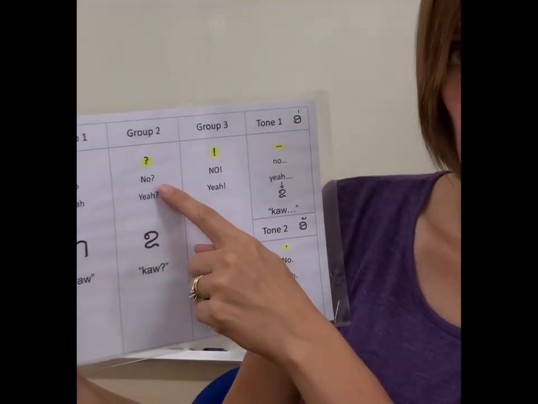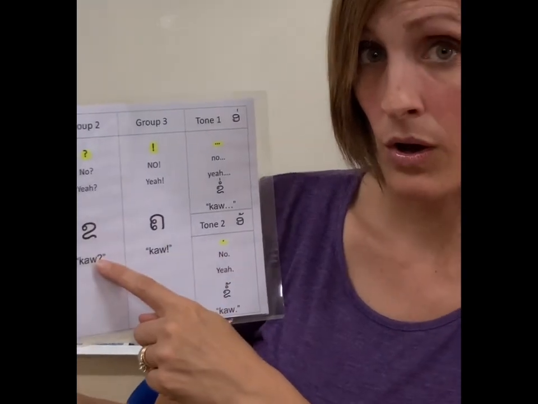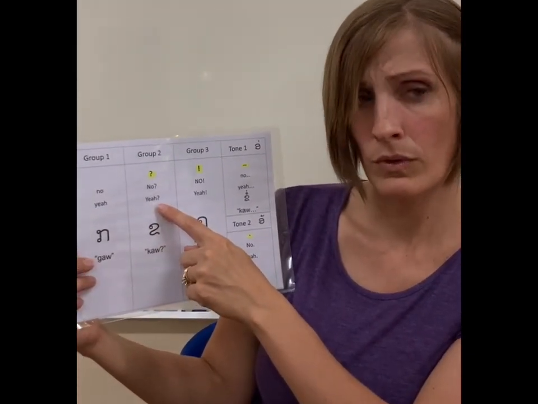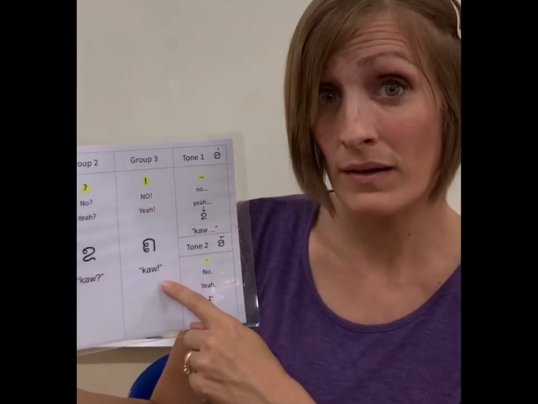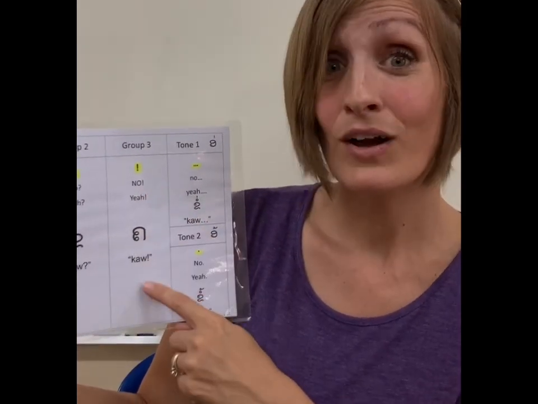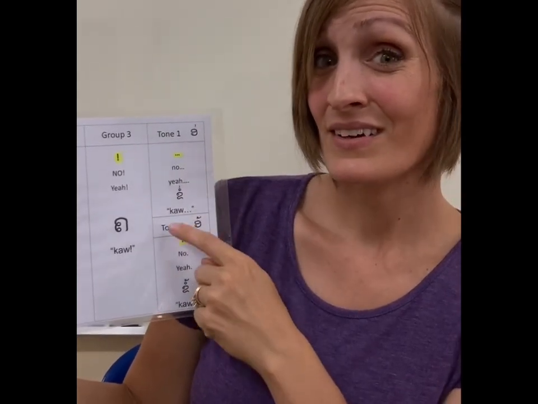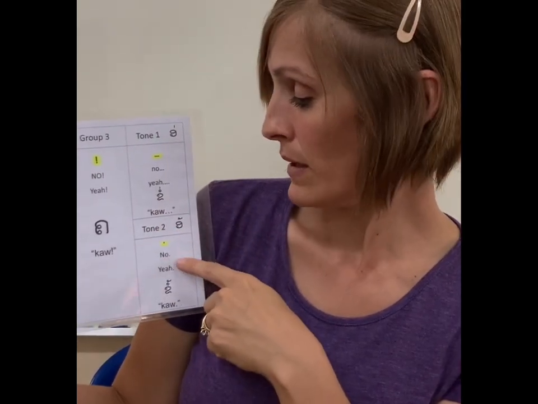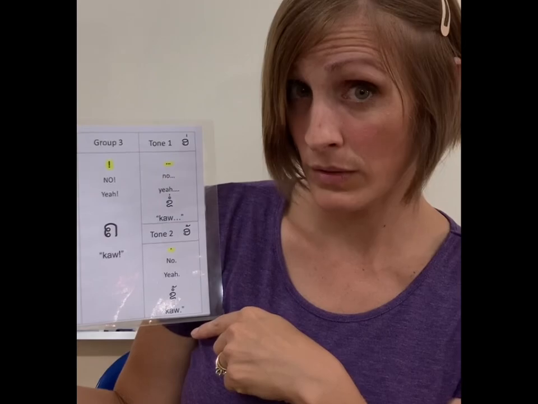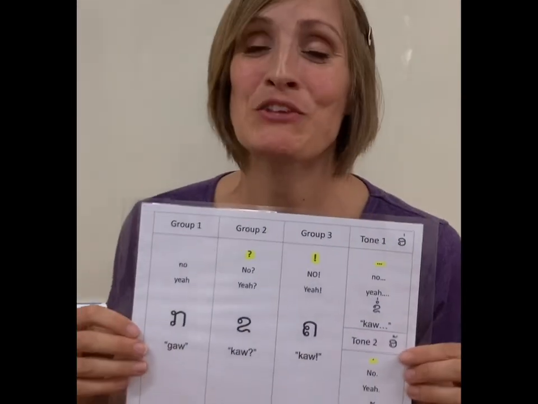Group 2, no. Ka, no. Ka, no. Caw. No. Caw.